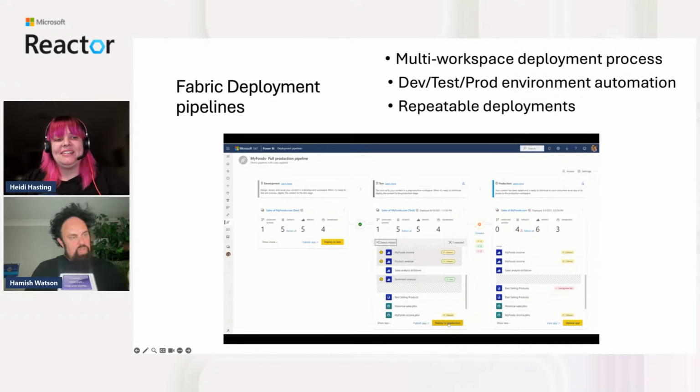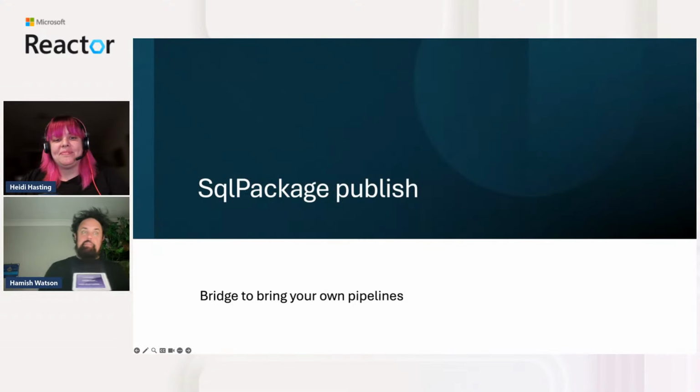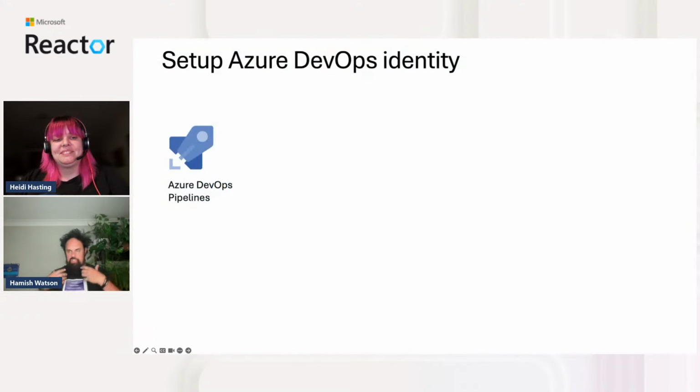So this is all great, but wait, it even gets better because we can now bring our own pipelines to this ecosystem. Using SQL package, we can start actually doing codification of how we're going to deploy out to Fabric, which I think is amazing.